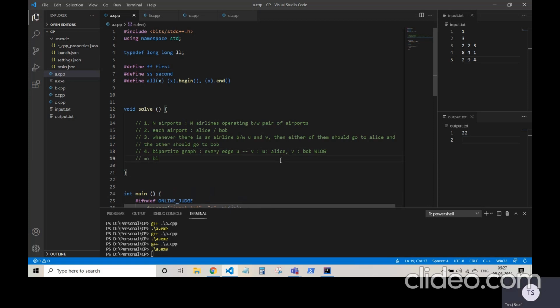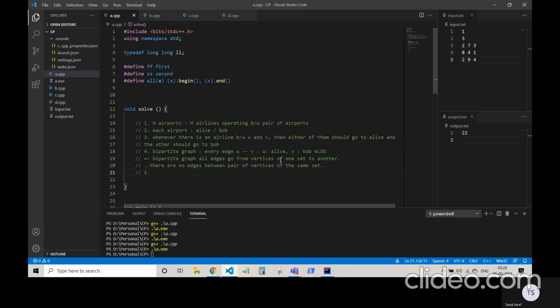So if anyone does not know what a bipartite graph is, in a bipartite graph, all edges go from vertices of one set to another. That is to say, there are no edges between pairs of vertices belonging to the same set, right?